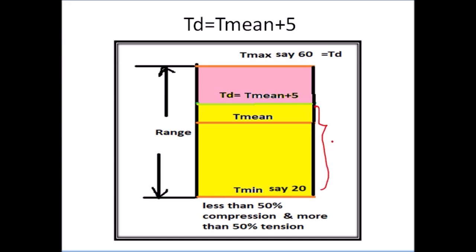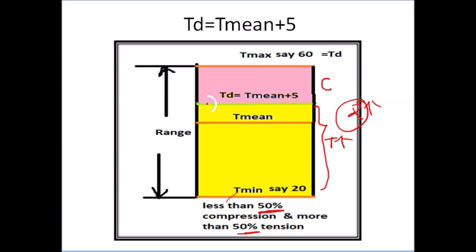In this condition tension is more compared to compression: less than 50% compression and more than 50% tension. As rail has more tensile strength, we have given more importance to tension, and allowed more tensile stress compared to compressive stress.